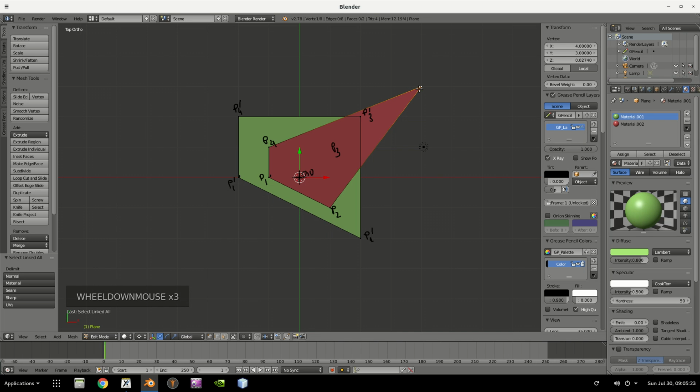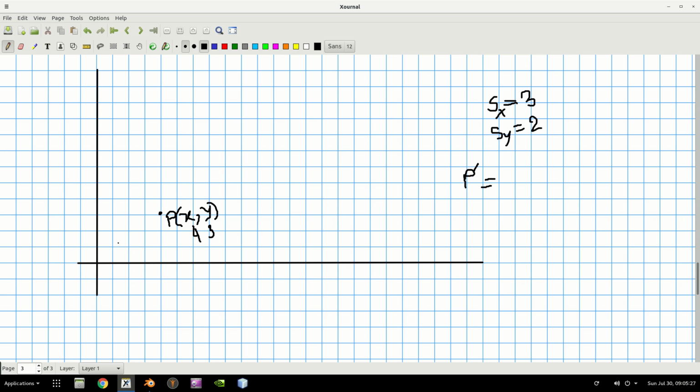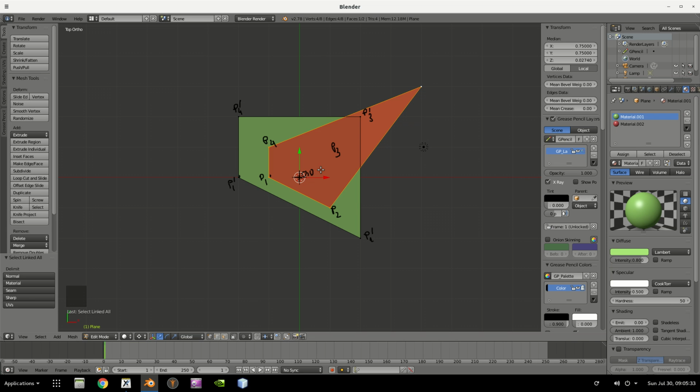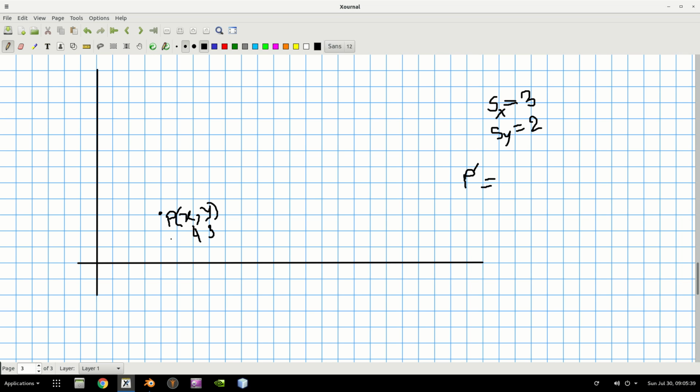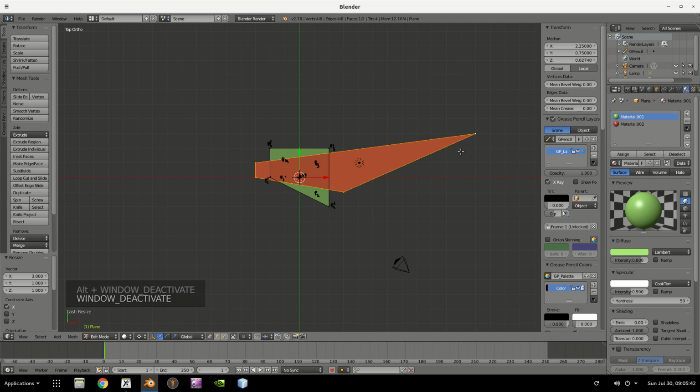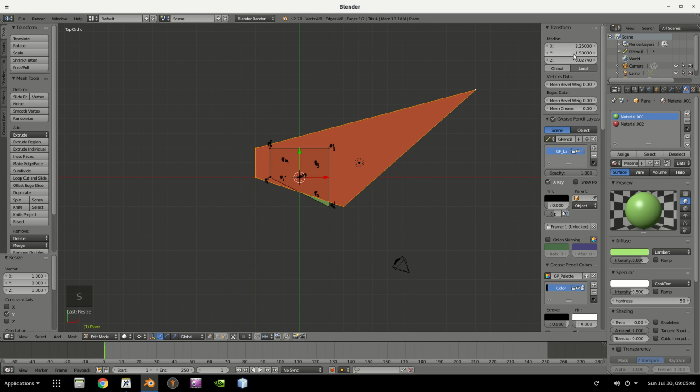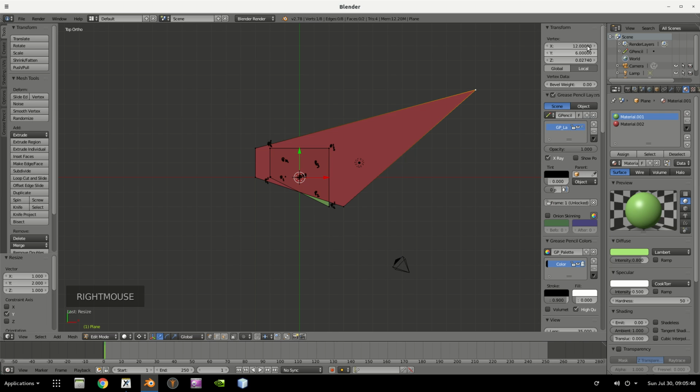This is at (4, 3), and we want to scale the whole thing by 3 units to the right and 2 units to the top. So scale x by 3 units and also y by 2 units. The coordinate that I can read from here is (12, 6). So what he said is perfectly okay.